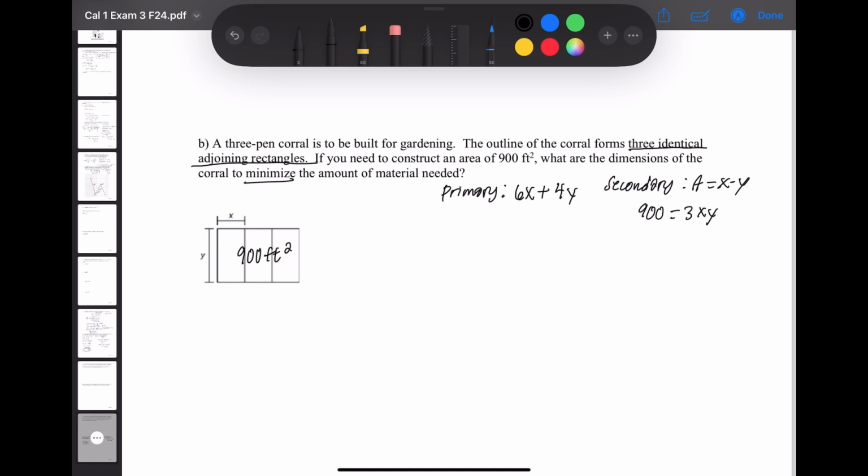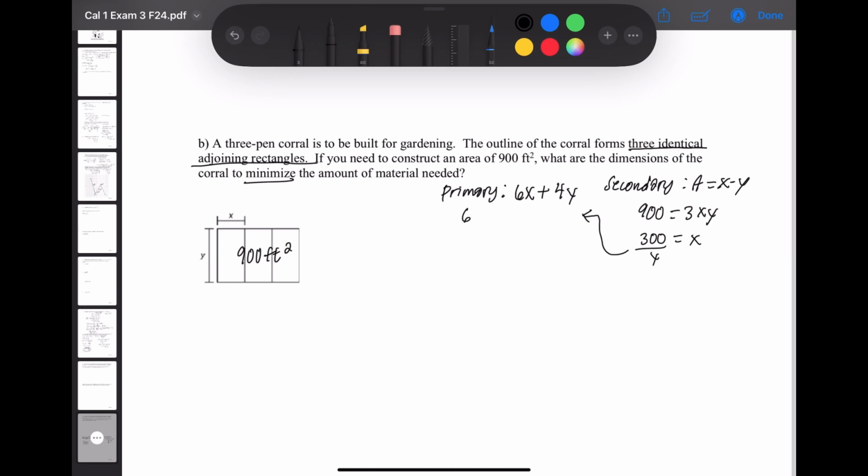So you can do either one. You can do x or y, but in this case, I will be doing y, or I mean x. So now we're gonna plug this back into over here.